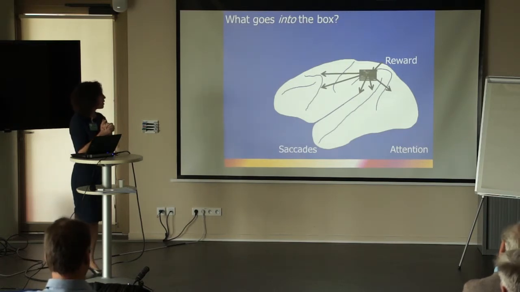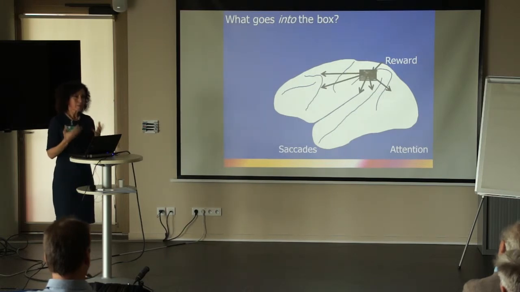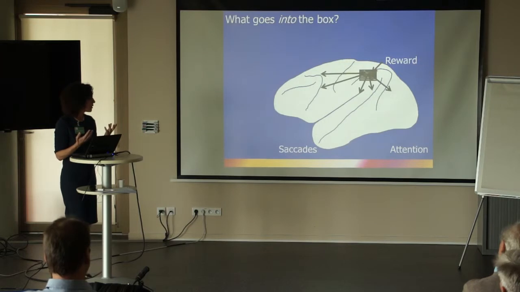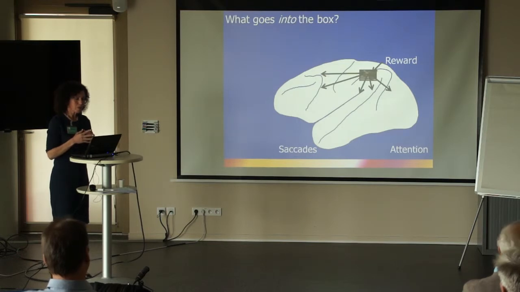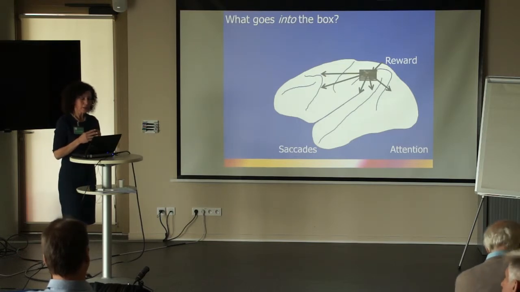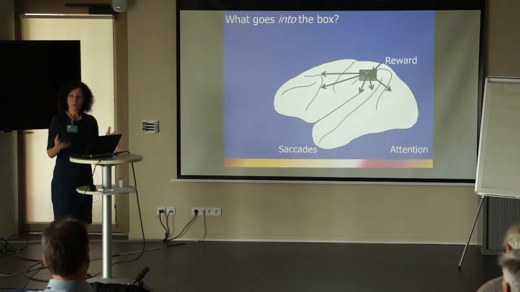Okay, so these are very robust modulations. They're replicated by now in many, many labs, and they happen in a lot of neurons in our hands as well. So it's undeniable that they're there. But there are some questions about it, right? Because I've just shown you that in natural behavior, nobody gives you primary rewards for making eye movements.